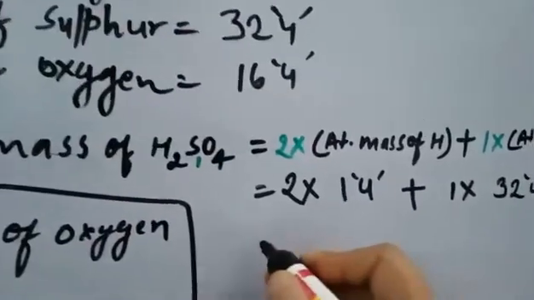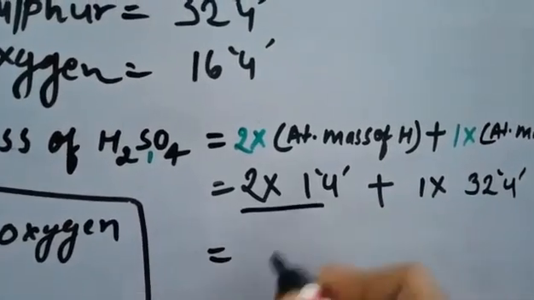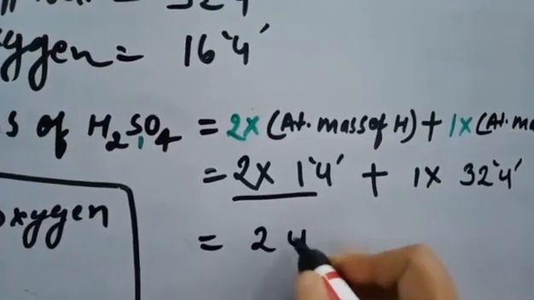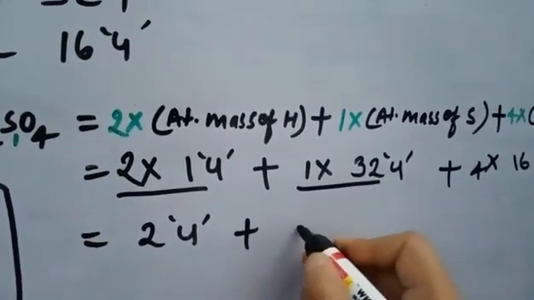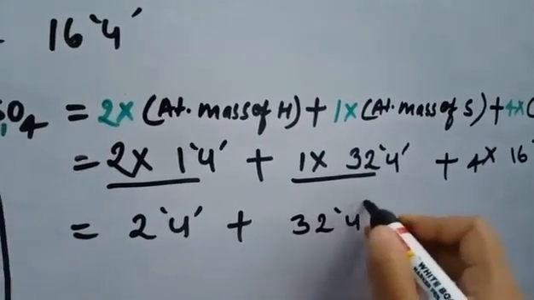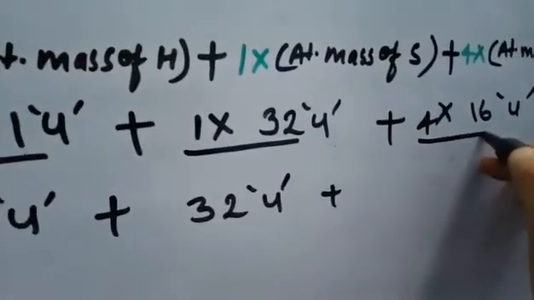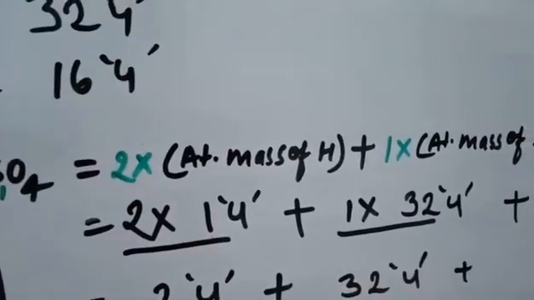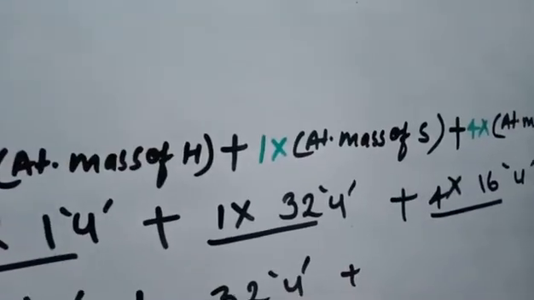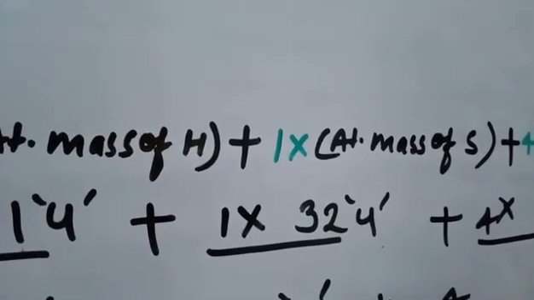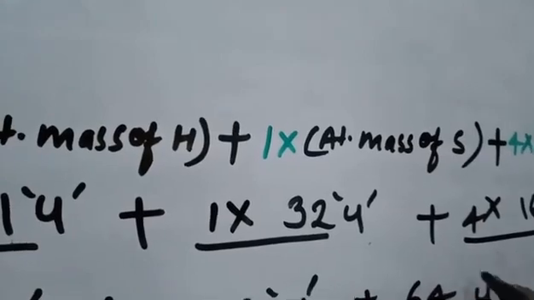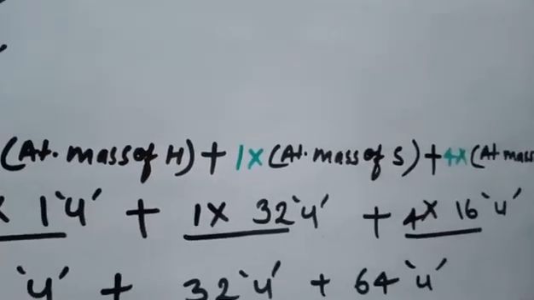So how much will we get? 2 into 1 is 2u, plus 1 into 32 is 32u, plus 4 into 16, which is 64u.